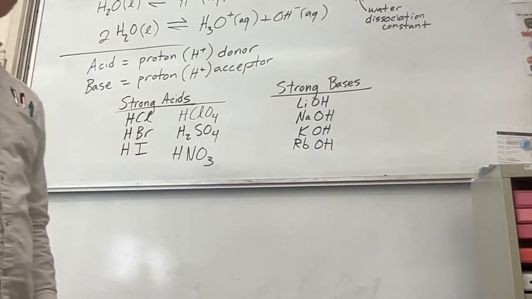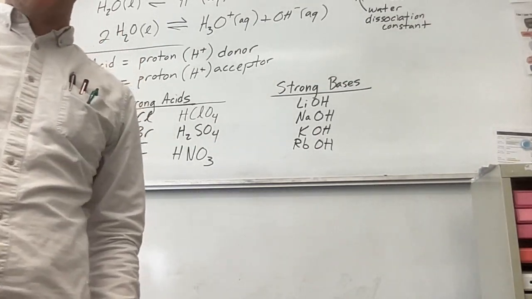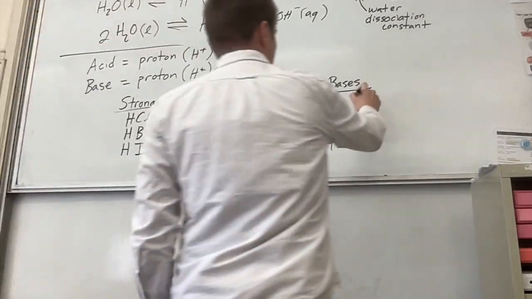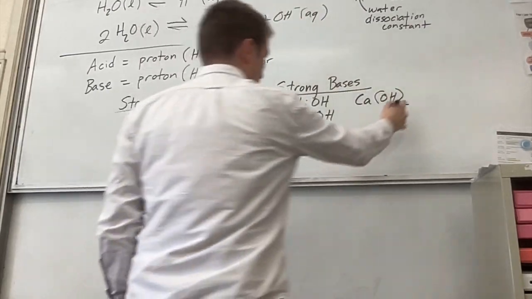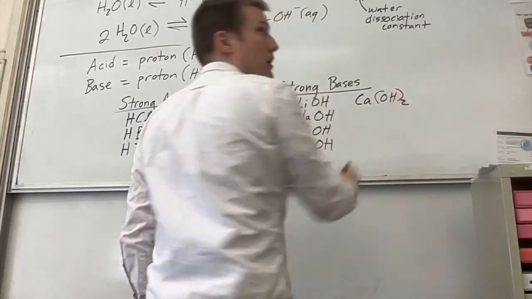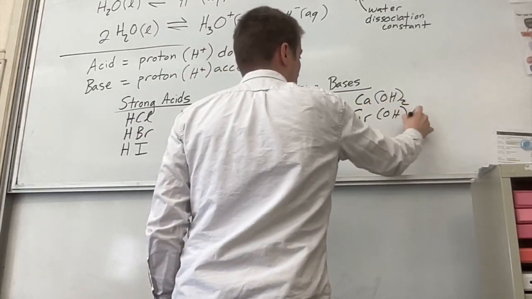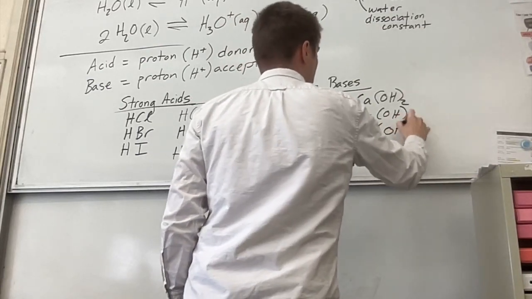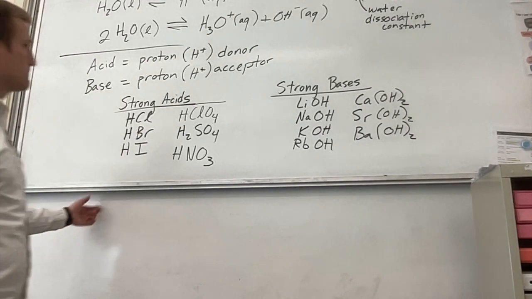And then also group 2 stuff, so like calcium needs 2 hydroxides because the calcium ion is a +2 charge. Strontium, barium. Basically, stuff from groups 1 and 2 paired up with an OH makes a strong base.